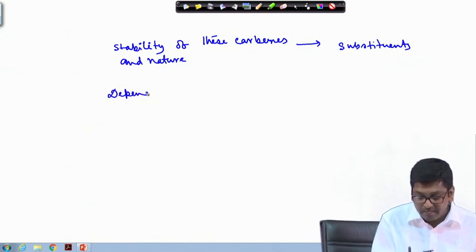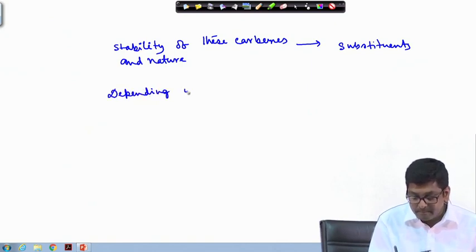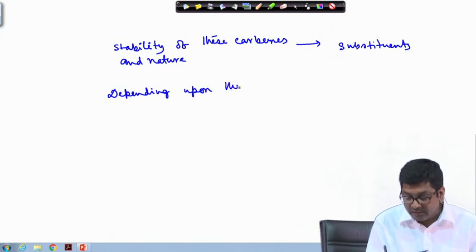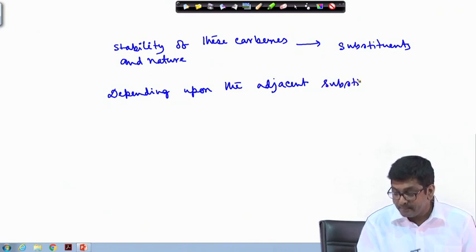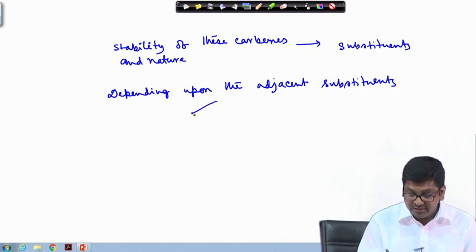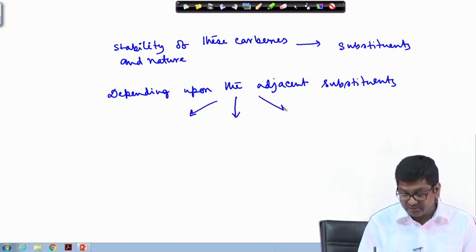Depending upon the adjacent substituents, there are three types of carbenes.